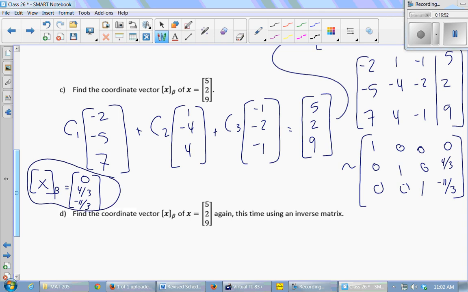It's just a vector with the weights that you put on the basis to build the vector x. This is the notation that I use to represent the weights that you put on the basis vectors to build the vector x. Yep, you got it. C1 is 0, C2 is 4/3, C3 is -11/3.